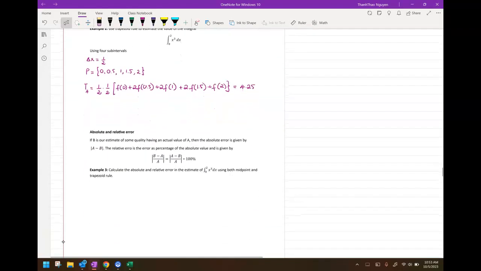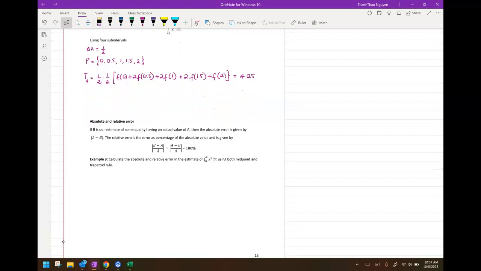We are talking about the absolute and relative error. If b is our estimate of some quantity having an actual value of a, then the absolute error is given by the absolute value of a minus b. The relative error is the error as a percentage of the absolute value and is given by the absolute value of a minus b divided by a, multiplied by 100%.